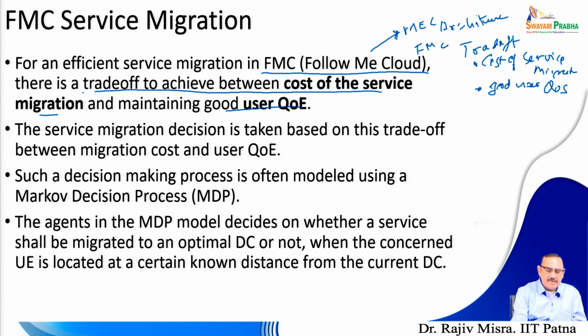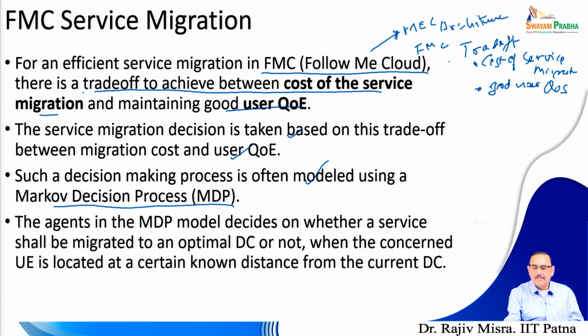The service migration decision is taken based on this trade off between the migration cost and the user QoE. Such a decision making process is often modeled using a Markov decision process.